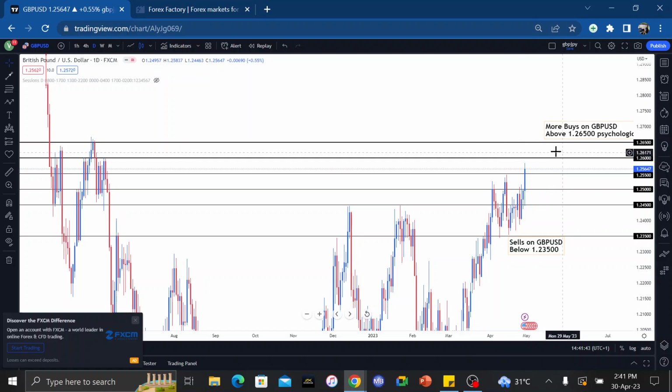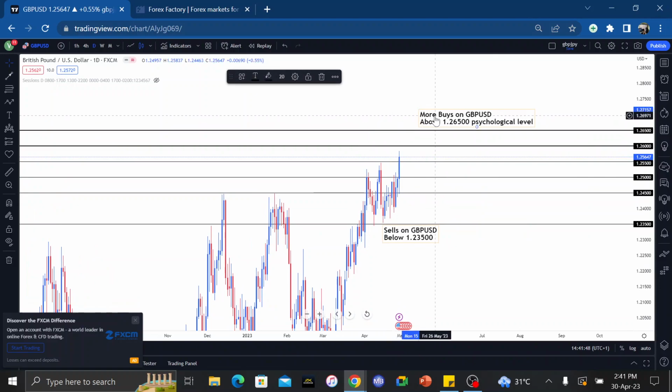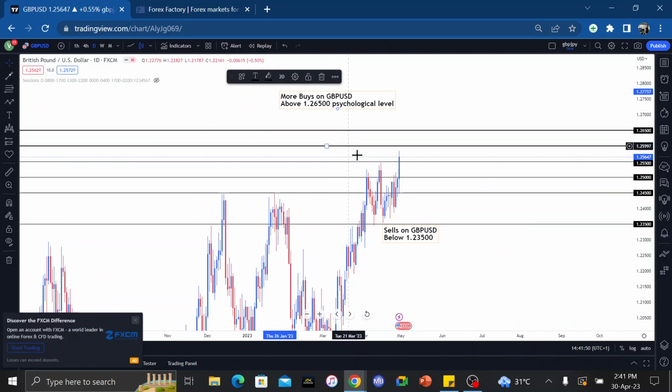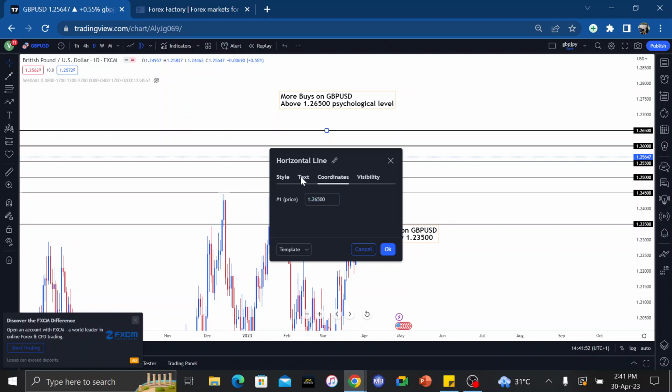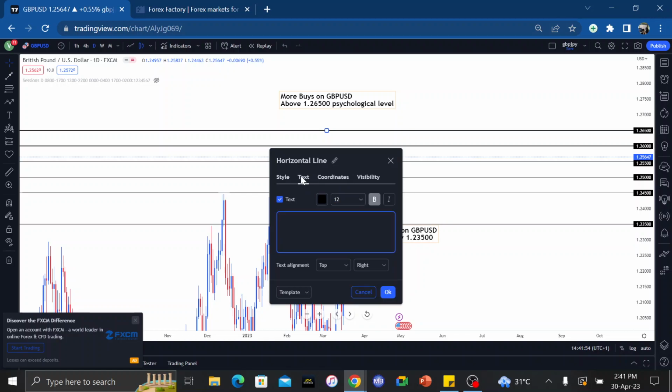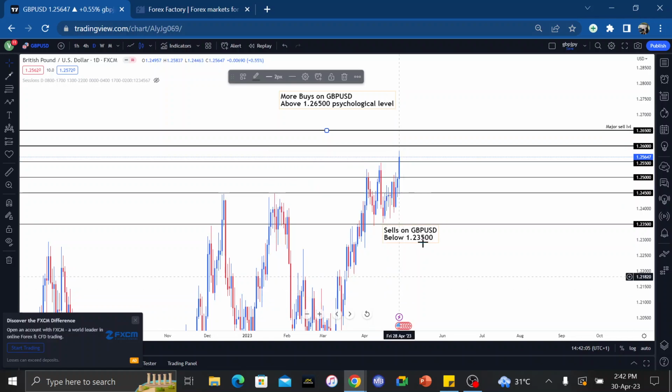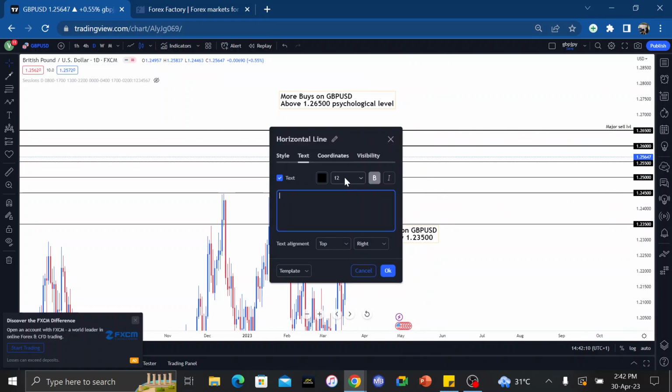Still paying attention to these levels here, which we know are sales, I'll say sellers level of structure. What can I write there? Major sell level. Look at it on the right-hand side. I wrote it there, so in case price gets there, I will know it's a major sell level.